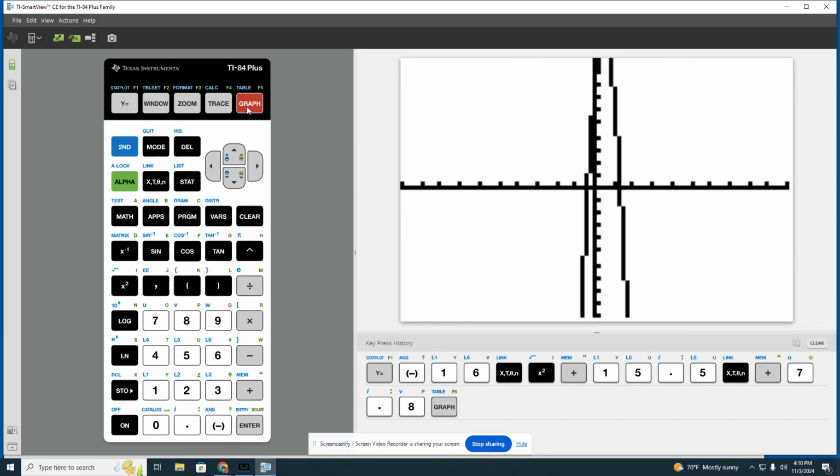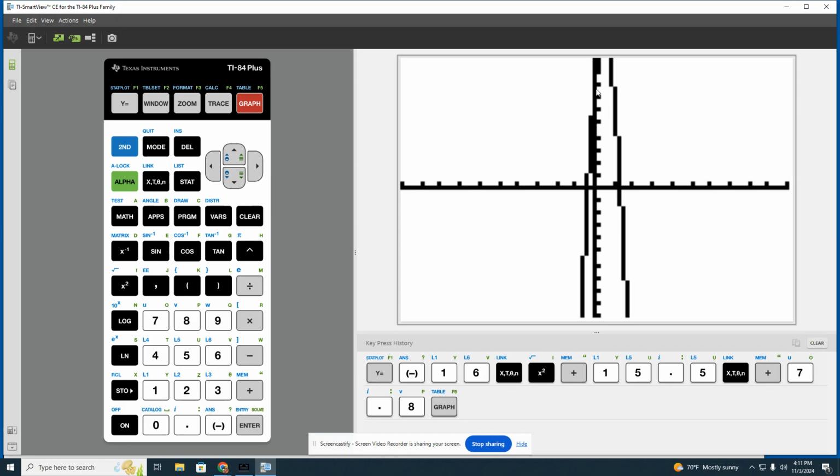I'm going to graph it, and you don't really see a whole lot here in the graph. I mean, you can see it looks like it's crossing the y-axis somewhere in here. We should know what that is, because what was the initial height that it was launched? 7.8.